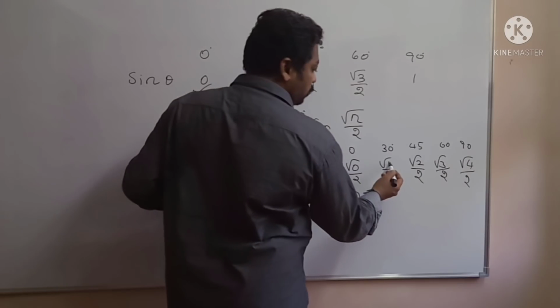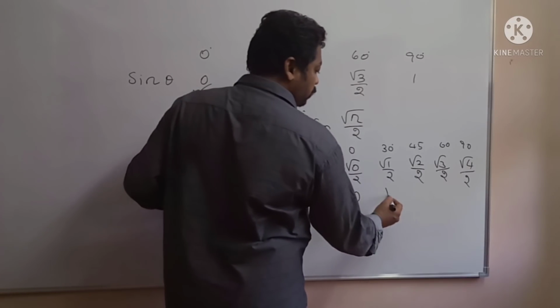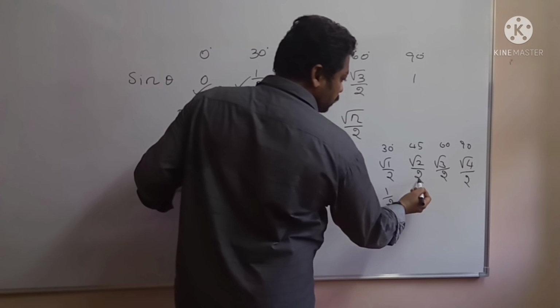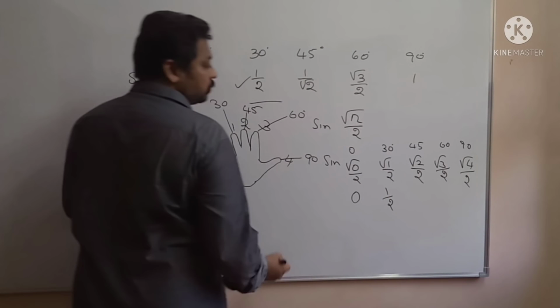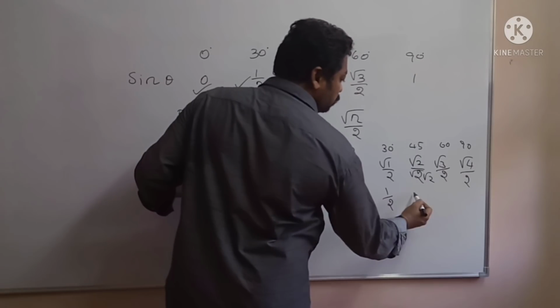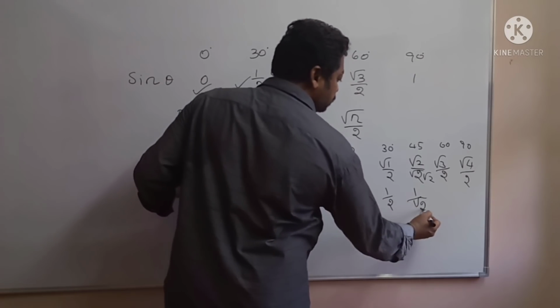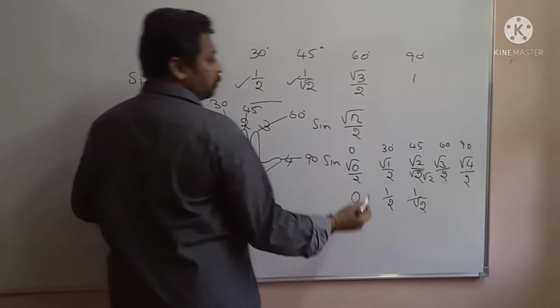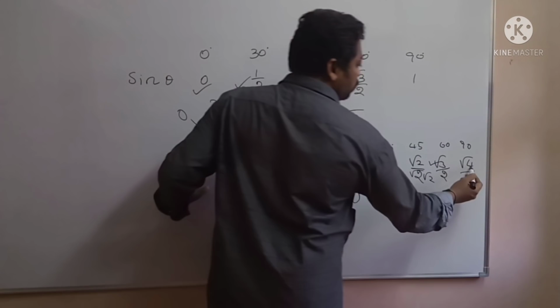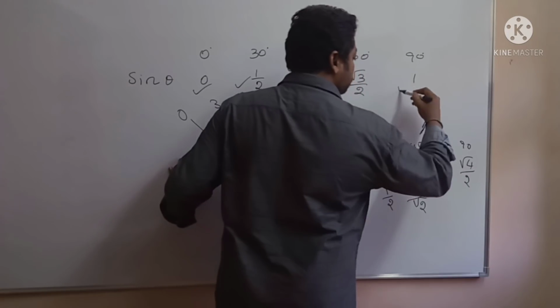Root 1 is 1, so 1 by 2, and we got 30 degree. What is root 2 by 2? We can write 2 as root 2 into root 2, so root 2 gets cancelled, and the answer is 1 by root 2. Root 3 by 2 we got directly. Root 4 is 2, and 2 by 2 is 1.